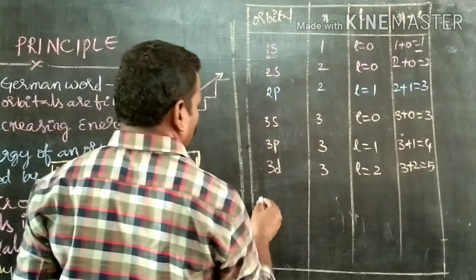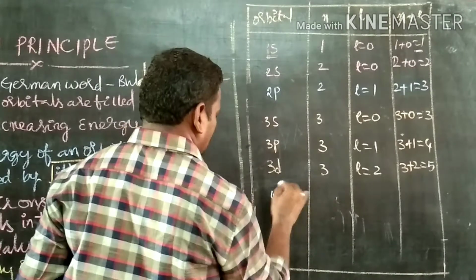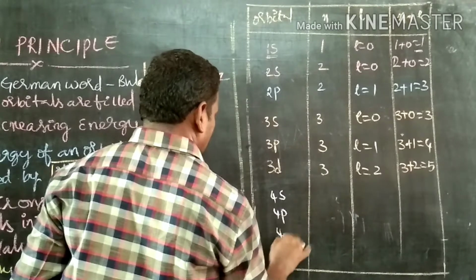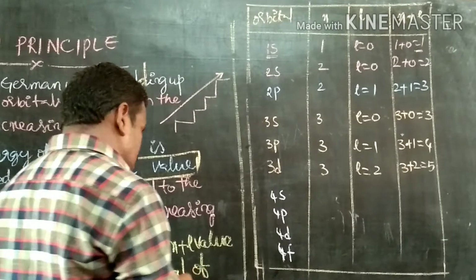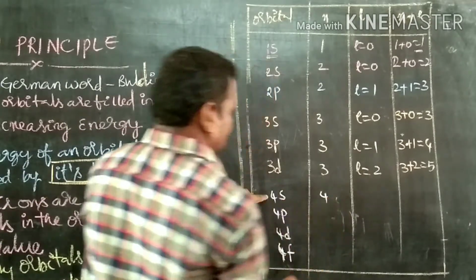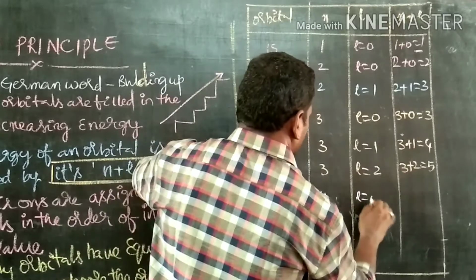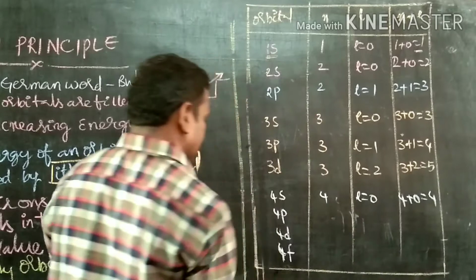Now, if you move on to the main level 4, the fourth level contains 4 sublevels. They are 4s, 4p, 4d, 4f. Like that, now you go on solving main level 4. For the s sublevel, l is 0. Then it becomes 4 plus 0, that is equal to 4.